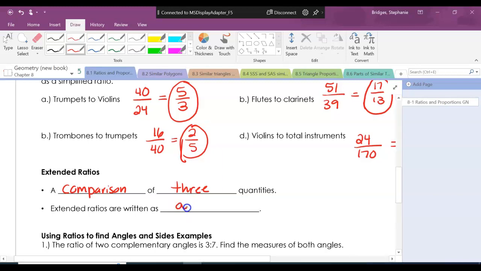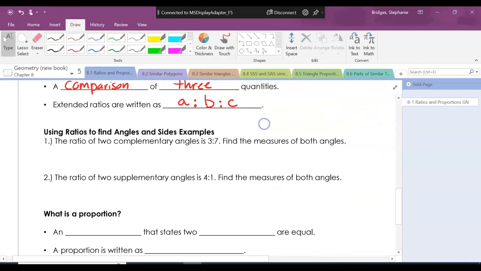So we will do the first number A, colon, second number B, colon, third number C. And again, those can be reduced if you're writing them. Can't do that in the calculator, though, because you can't enter a three-piece fraction in your calculator. So far, so good. Okay.